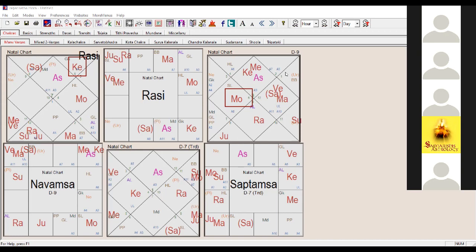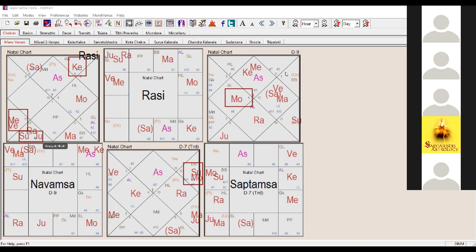Are you getting me? So the same sutra: in the D7 chart, moon is connected with the sun as well as Aquarius. Aquarius means 5th house. Sun is in the 6th house.